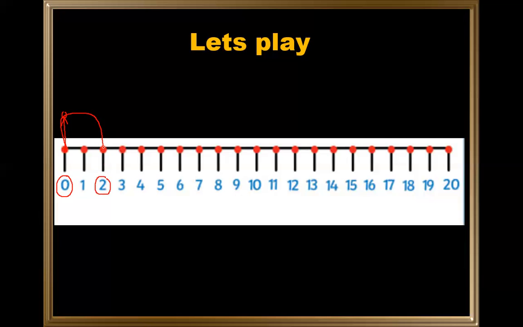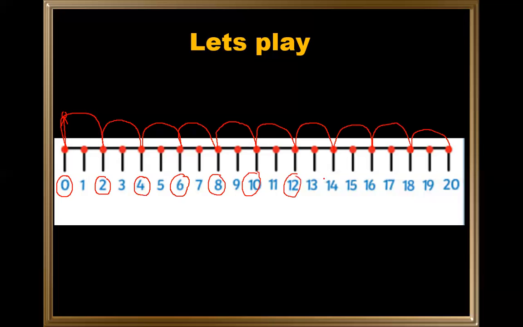After it, again I take one more jump, and I come on 4. Then when I jump again, covering the same gap, I jump on the number 6. I keep on jumping and covering the same gap till the number 20: 8, then 10, 12, 14, 16, 18, and then 20.